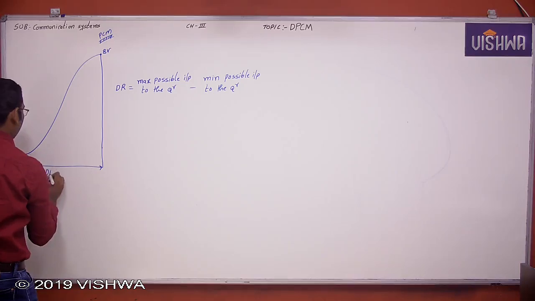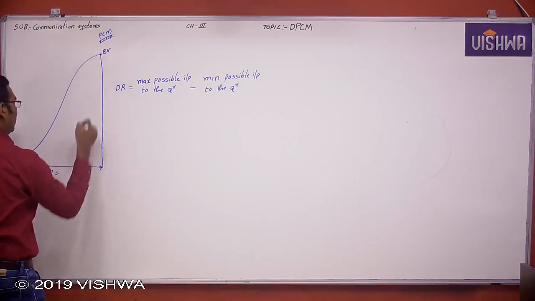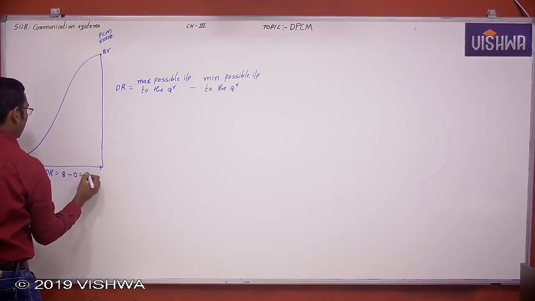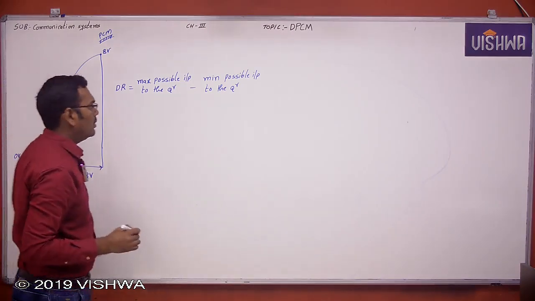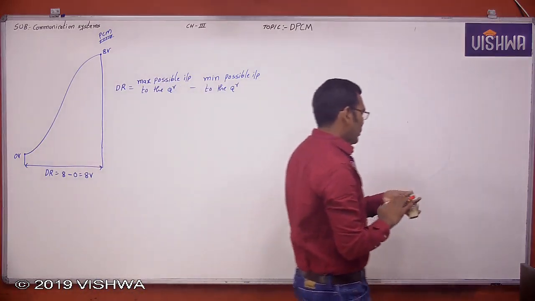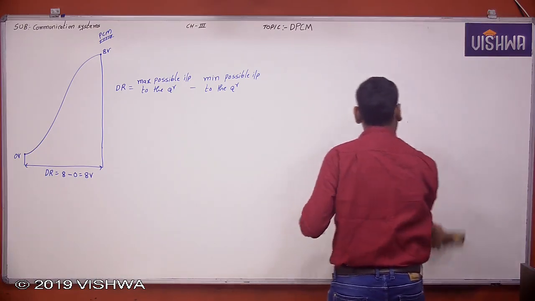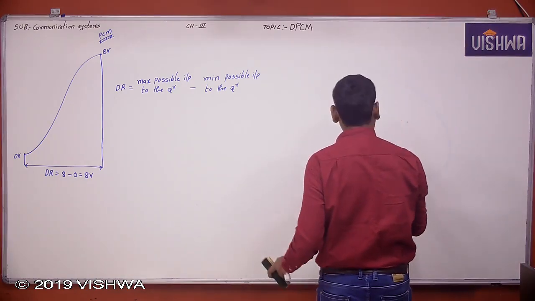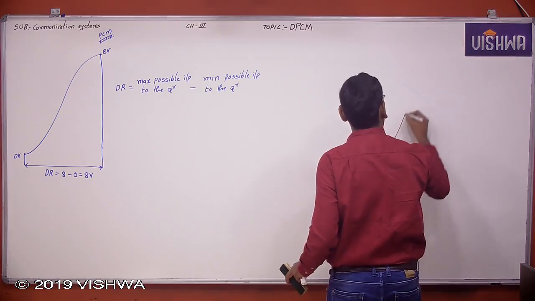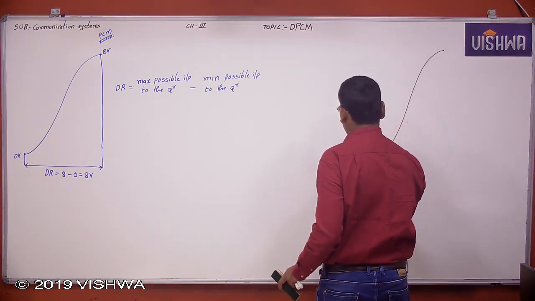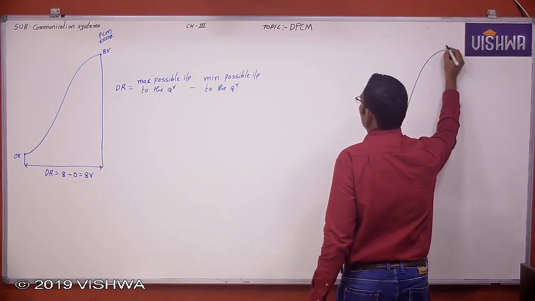In PCM, the dynamic range is the maximum possible input to the quantizer, 8 volts, minus the minimum possible input. Now the same problem in the case of DPCM. What we are doing in DPCM is that we want more correlation between the samples.